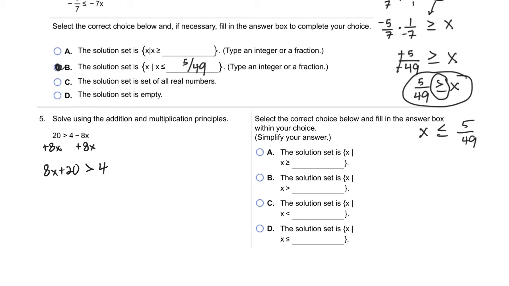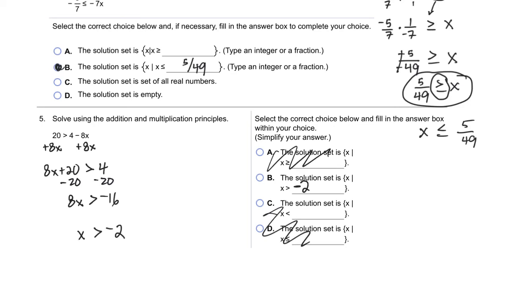Notice I didn't divide by a negative, so I didn't have to change the inequality. Now let's subtract 20 from both sides. So I'll have 8x greater than 4 take away 20, which is negative 16. Oh, that'll come out nice. Divide both sides by 8, and you get x is greater than negative 2. So it's not the less than ones. It's this one. x is greater than negative 2.